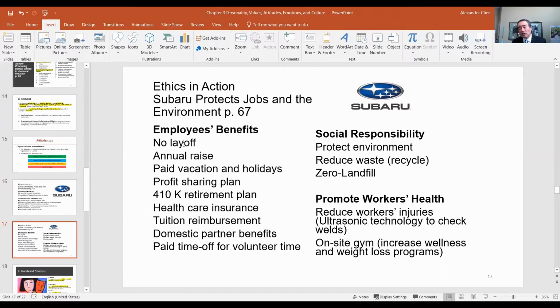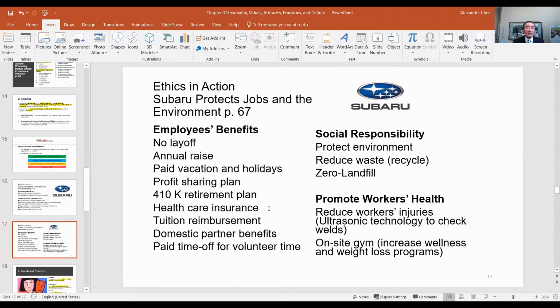They rotate you to different departments. Of course, if someone made mistakes, doing something unethical or inappropriate, they will still let people go. But in general, they do not let people go because of bad sales or a bad economy.